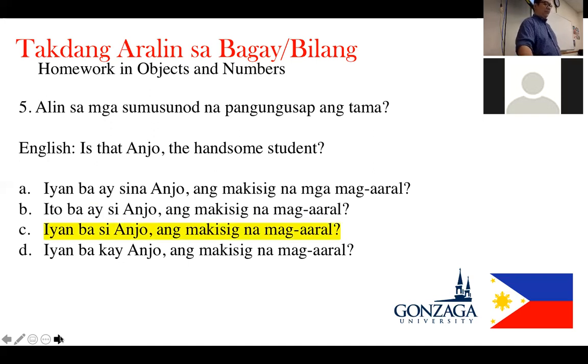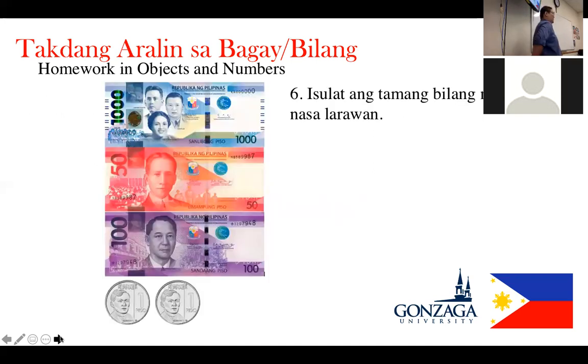Okay. Number 6. This one, I actually enjoyed reading your answers. I love reading your answers last night and this afternoon. Okay. So just give us the answer for number 6, Carissa.